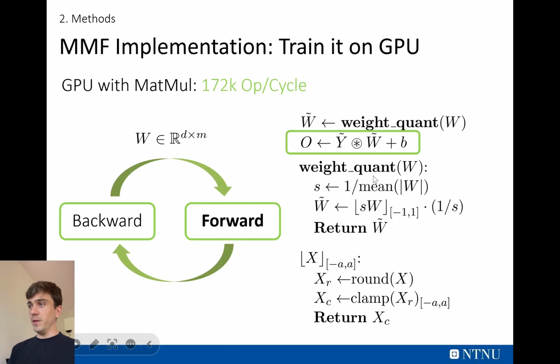If we look at the weight quantization function here, what you do first is S times W. So it's like W divided by the mean of the absolute value of all the weights, and then you round this between -1 and 1, and then you clamp it.